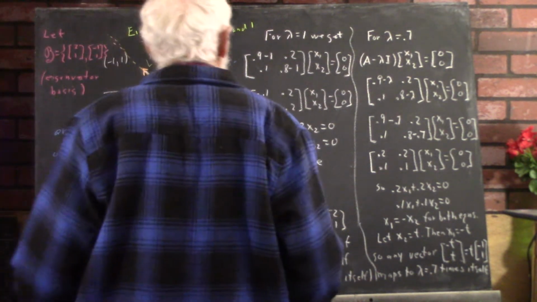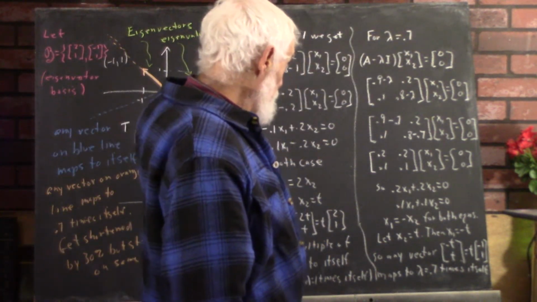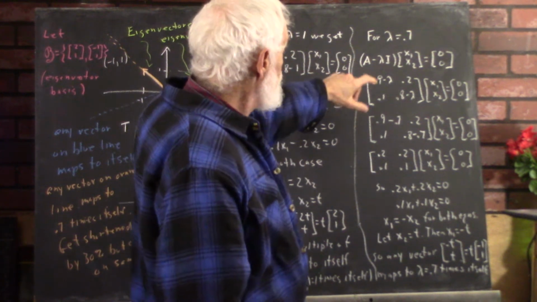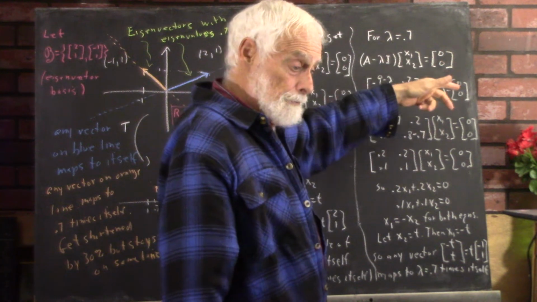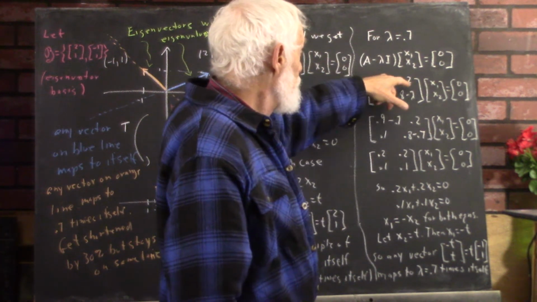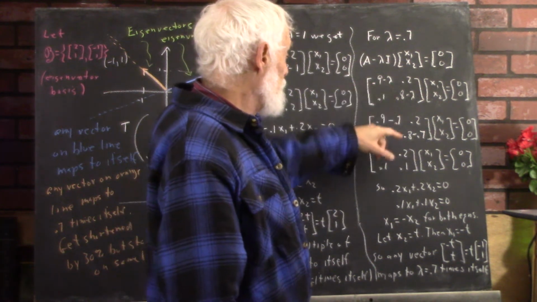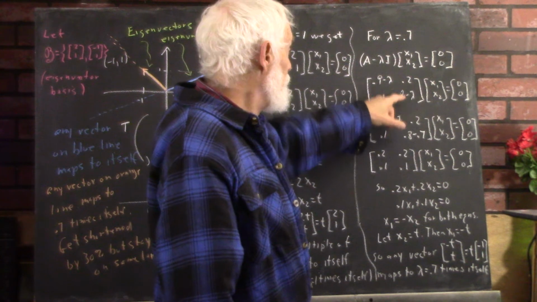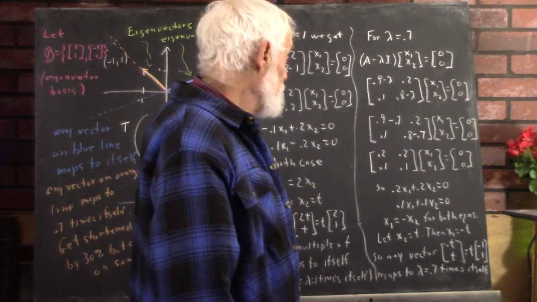The implications of that, well, if lambda is 0.7, then A minus lambda I times x1, x2 is 0, 0. Here's your A minus lambda I matrix. And of course, 0.9 minus lambda is 0.9 minus 0.7. If lambda is 0.7, 0.8 minus lambda is 0.8 minus 0.7.